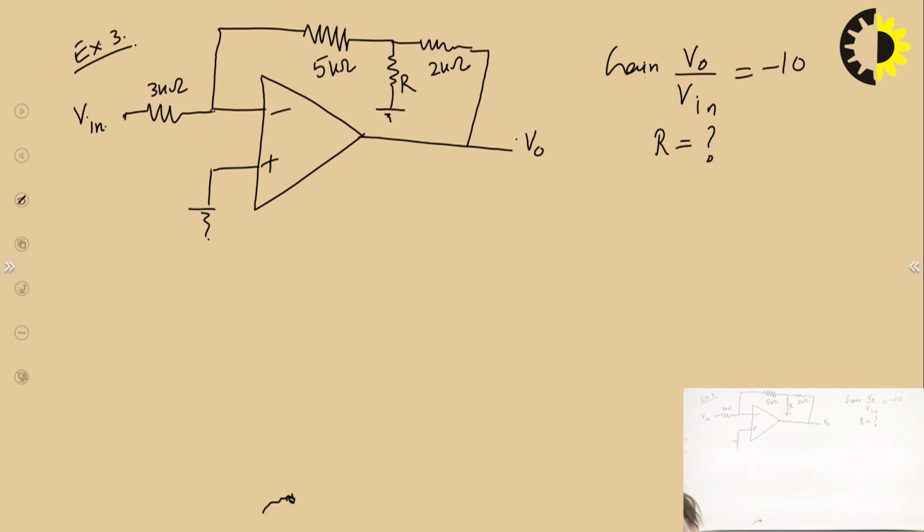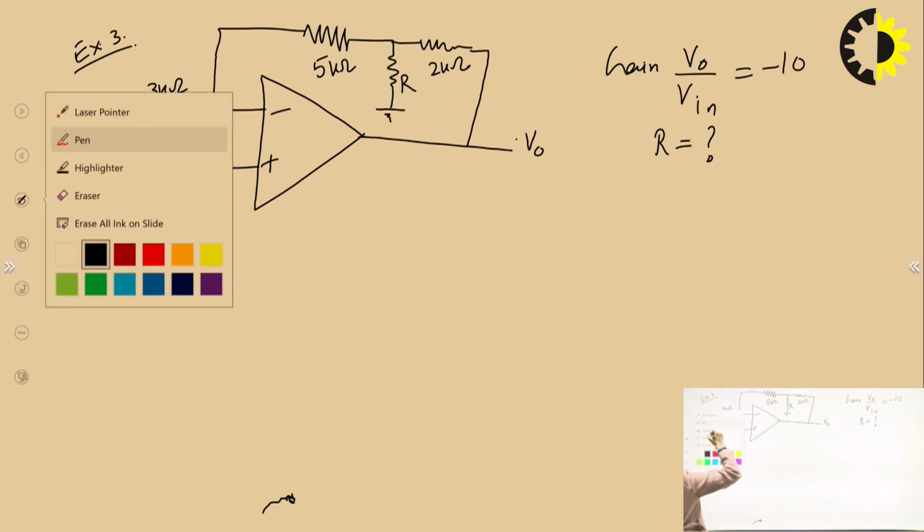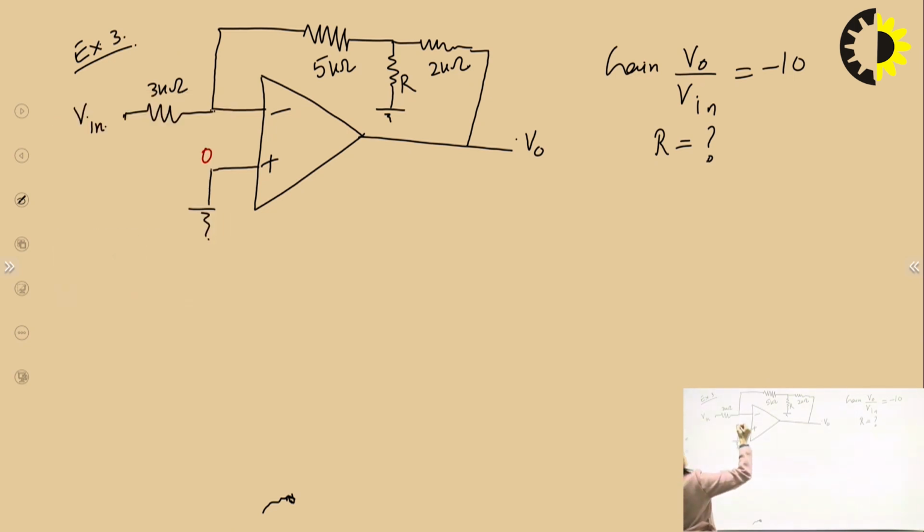Now the concept will always be the same, so we will apply the concept. Here some changes are there. Op-amp is ideal and the feedback is some circuit of resistances, and now we will apply the virtual ground concept which says if this is 0 volt, this will also be 0 volt by VGC.